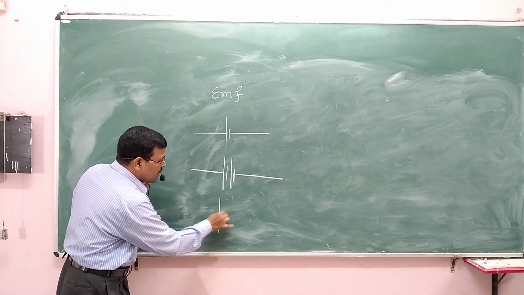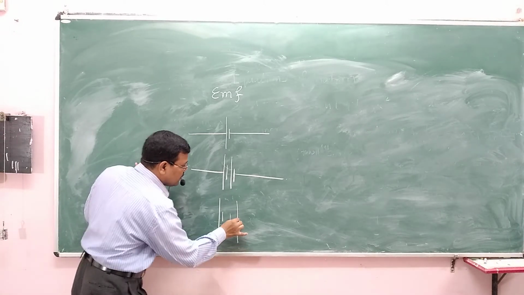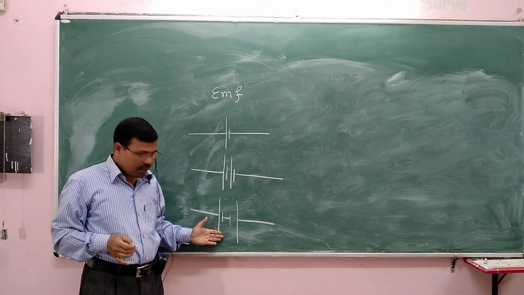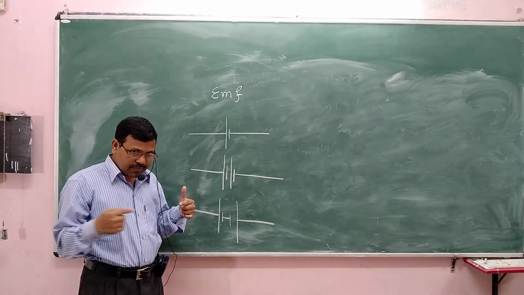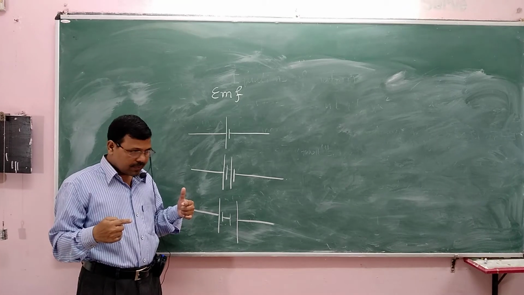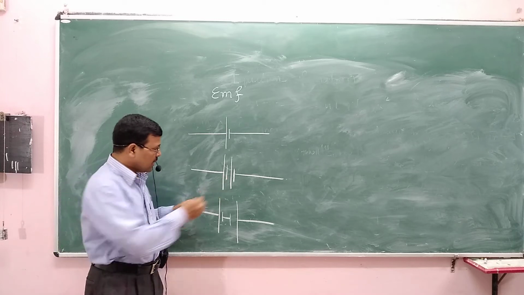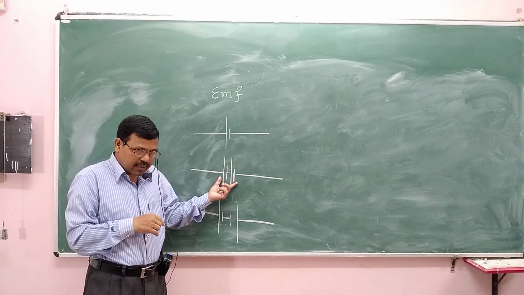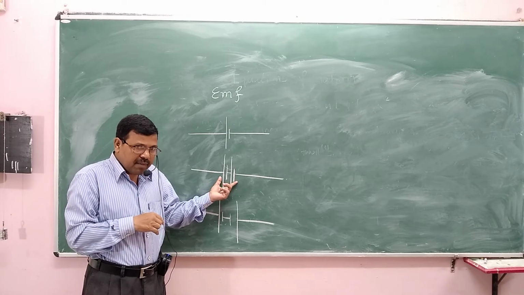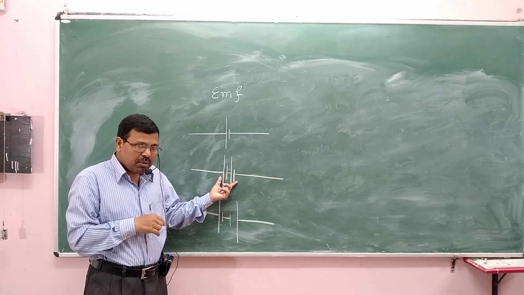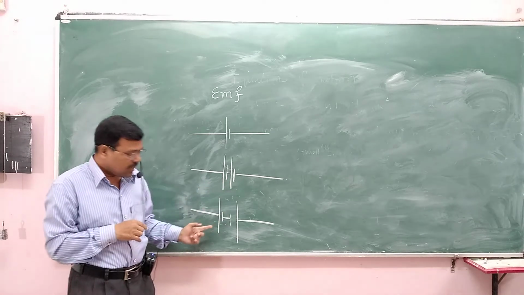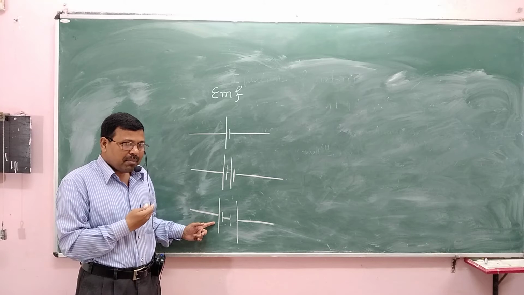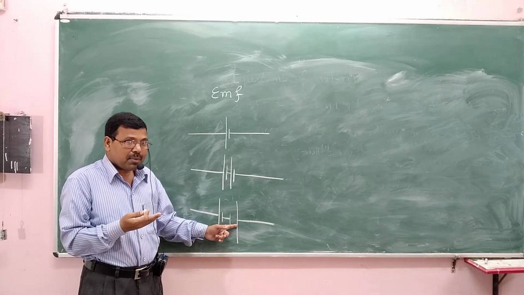If the cells are connected in reverse order like this, then the net EMF is 0, because they are connected in the opposite direction. Here the negative terminal of one cell is connected to the positive terminal of the other cell. The cells are in series and the EMFs are added. The total EMF would be E1 plus E2. Here the total EMF would be E1 minus E2. E1 is the EMF of the first cell. E2 is the EMF of the second cell.